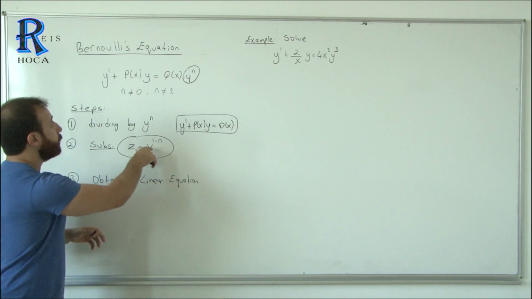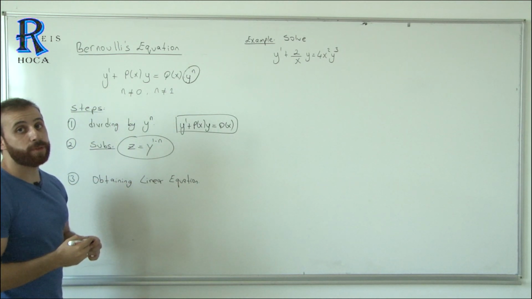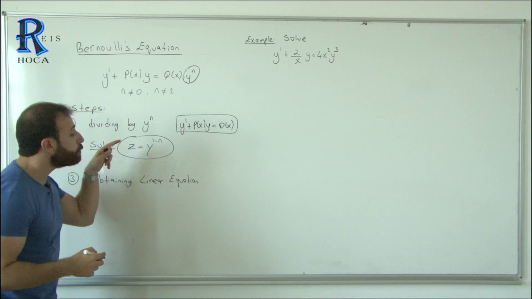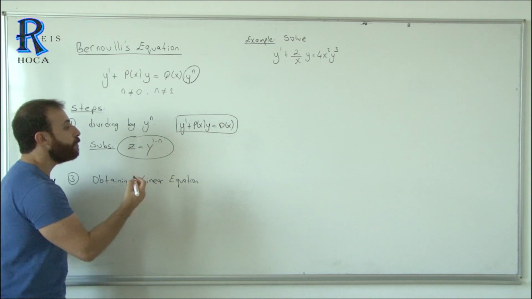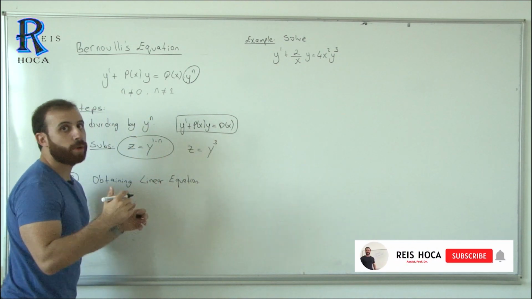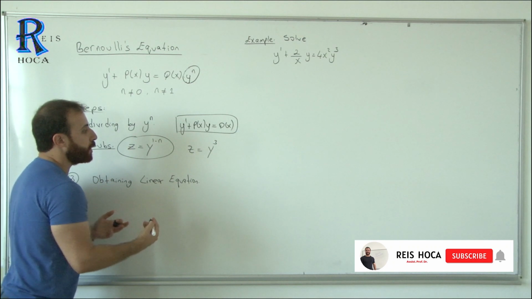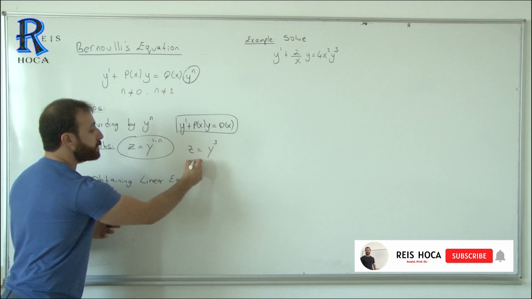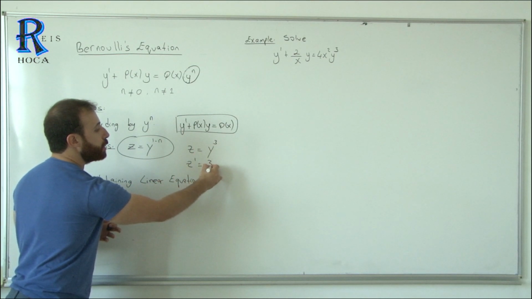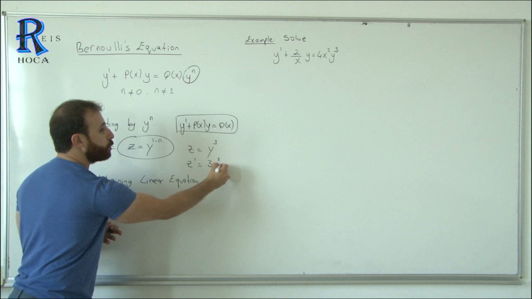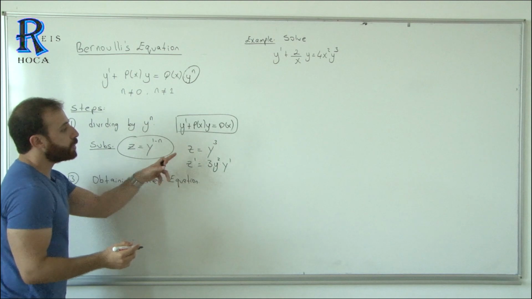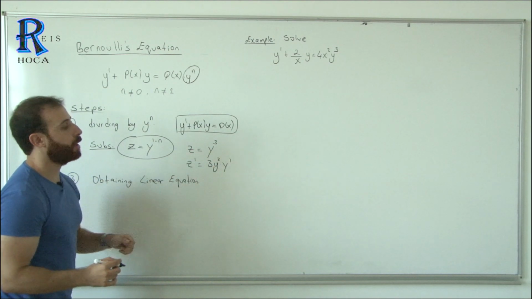But in the equation we have a derivative, so we need to take the derivative of this substitution. For example, if we have z equals y cubed, let's suppose that, take the derivative, it will be z prime. The derivative of y cubed is 3y squared, times y prime to show we are differentiating with respect to x.